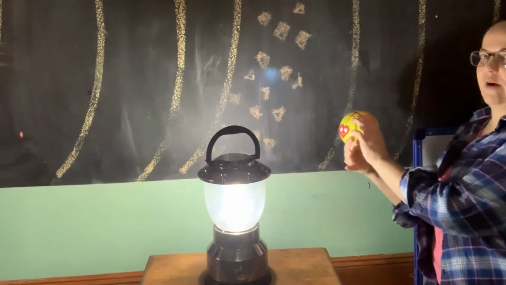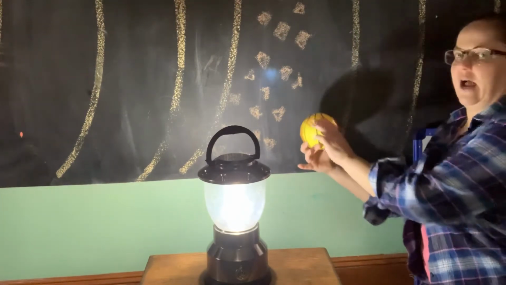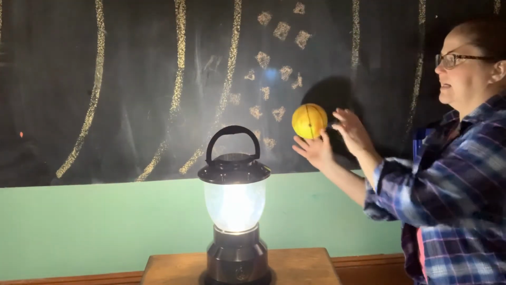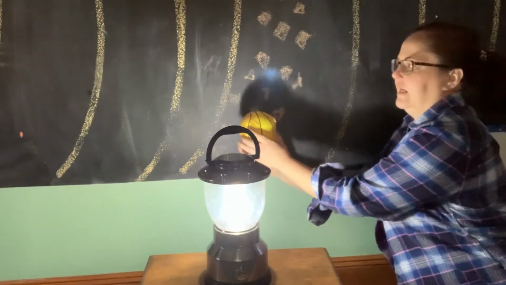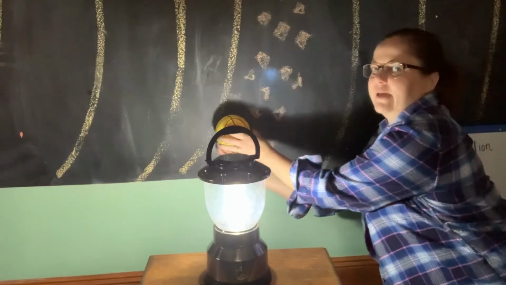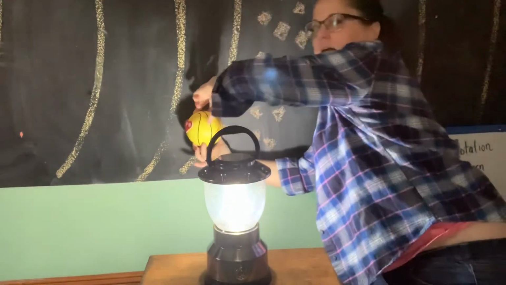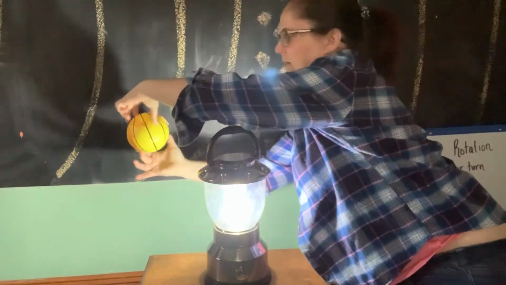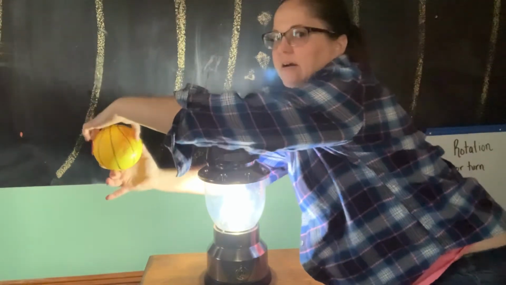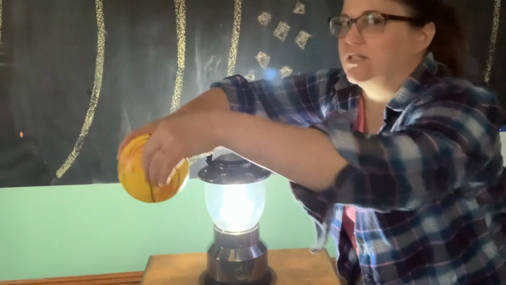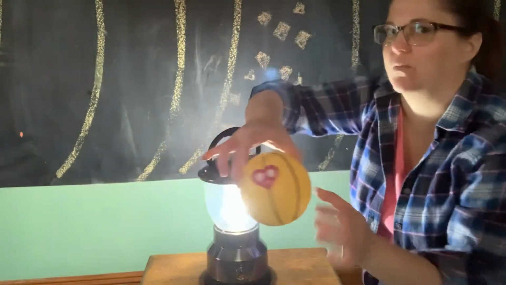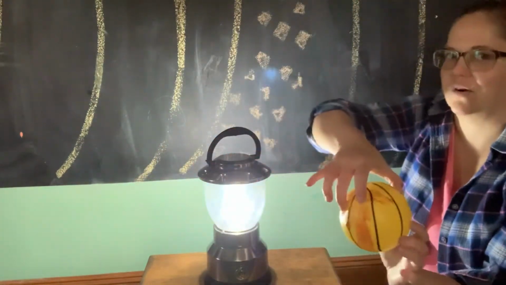It's making a revolution around the sun, so it's day, it's night, but it's making this path around the sun, taking a year. Is that starting to make sense, the two different ways that the Earth is moving?